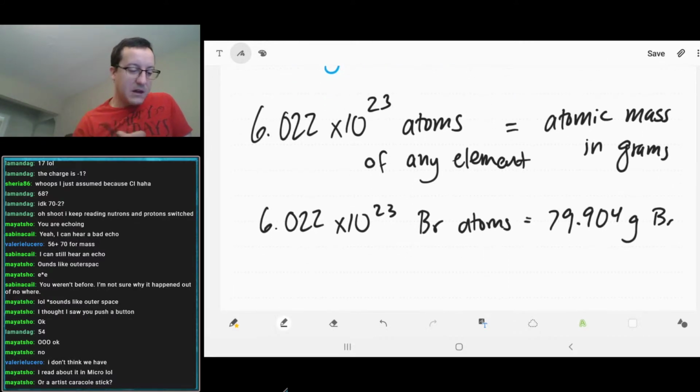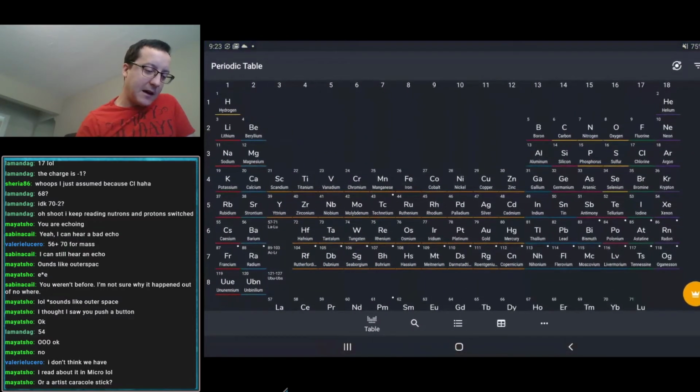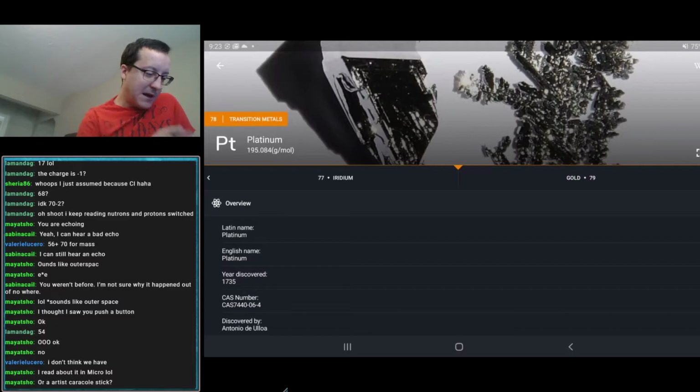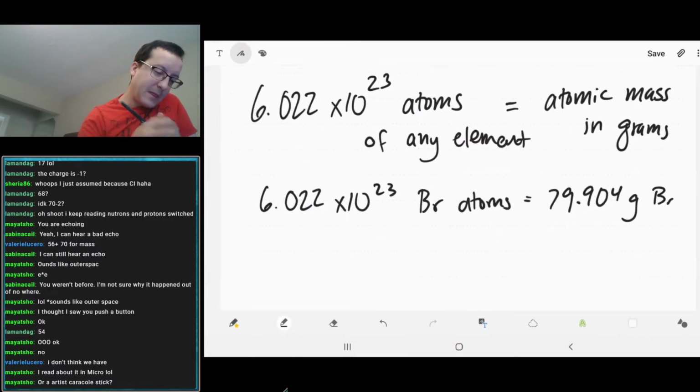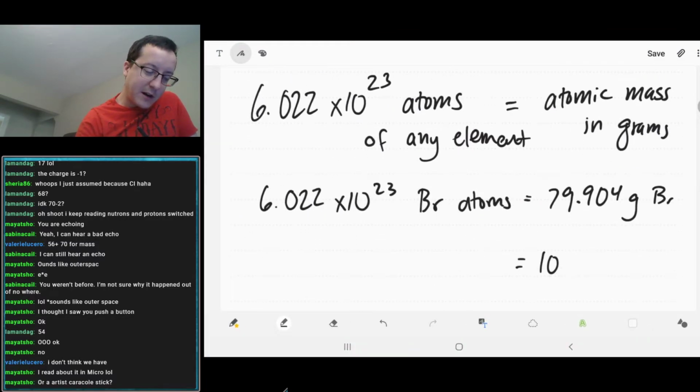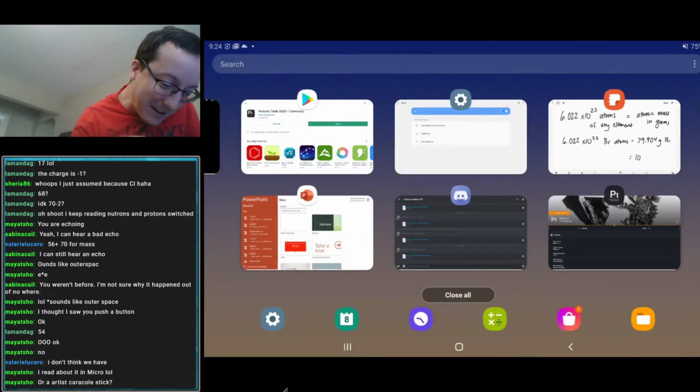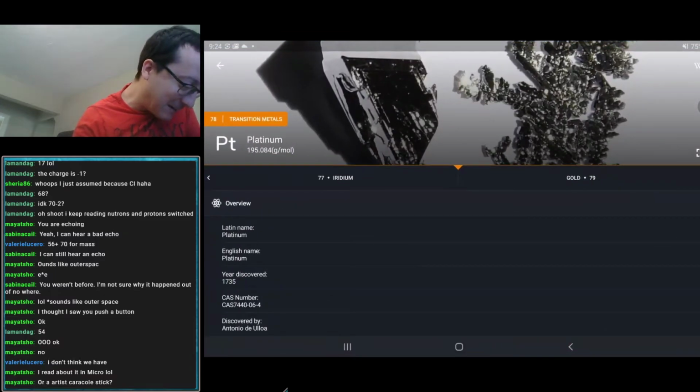Or, if we were to look at another element, let's say platinum. Platinum has an atomic mass of 195.084. Let me just write that down before I forget it. I've already forgotten it. 195.084.